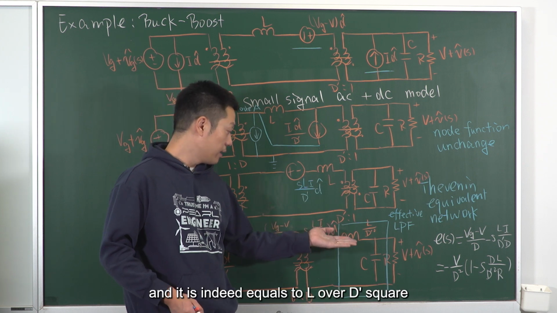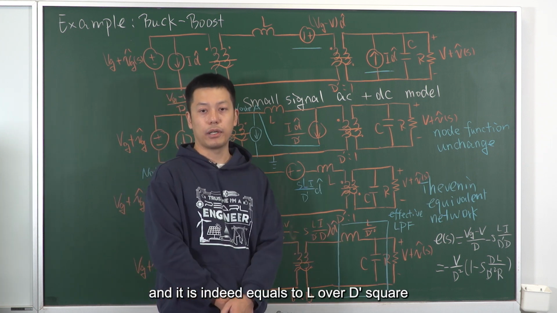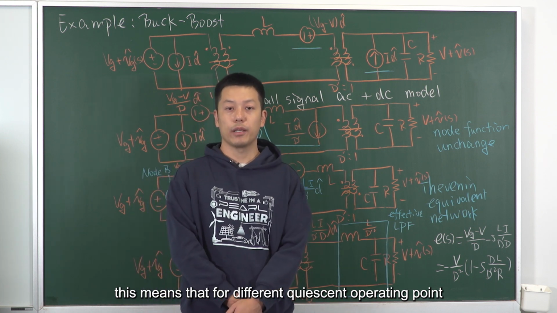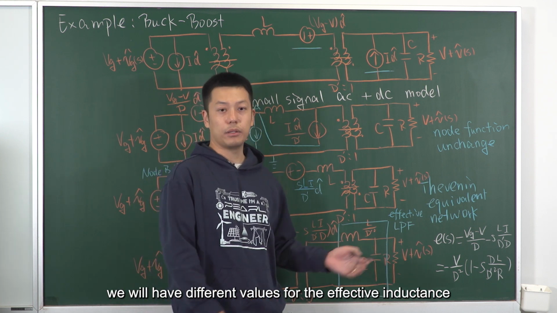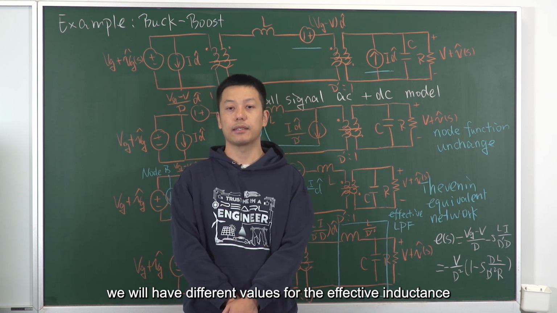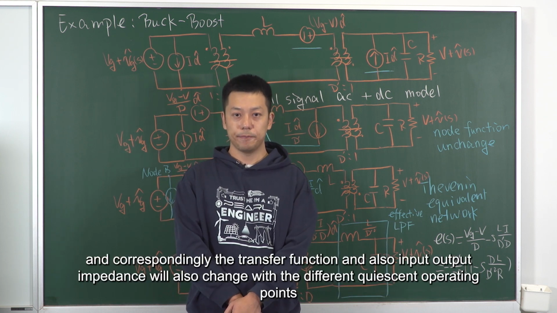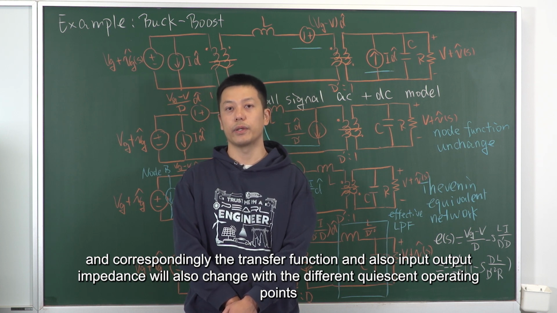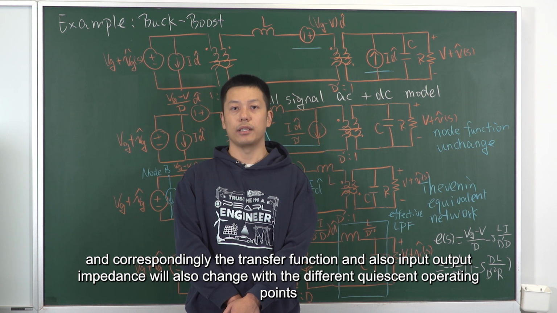It is indeed equal to L over D prime square. This means that for different quiescent operating points, we will have different values for the effective inductance. And correspondingly, the transfer function and also the input-output impedance will also change with the different quiescent operating points.